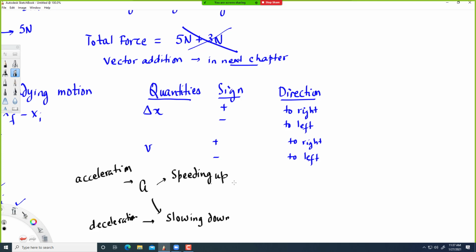When we are speeding up, V and A have the same direction. So for example, if you are moving this way, that's the velocity, and acceleration is also in the same direction, the meaning is you are speeding up.